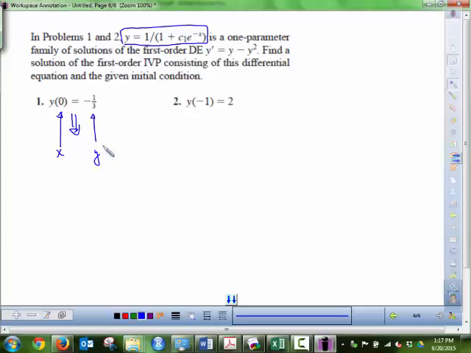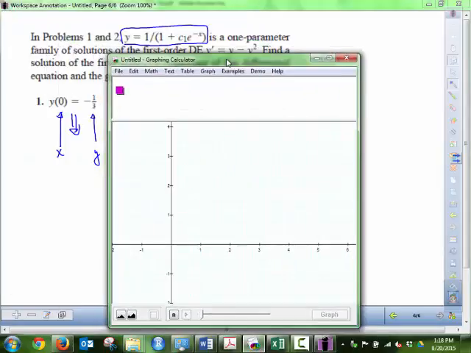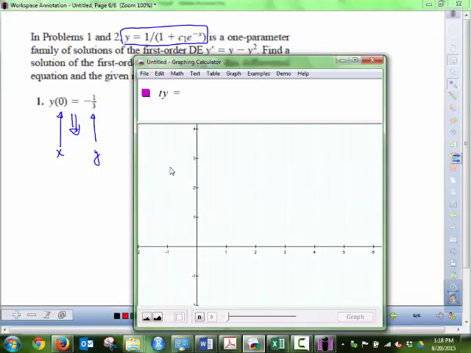What I would like to do is take our family of solutions. Oh, wait, before we do this, you guys want to picture this? It's always nice to picture things. I got a graphing calculator here. Y equals 1 divided by 1 plus C1, I'll just put C, times e raised to the negative x.